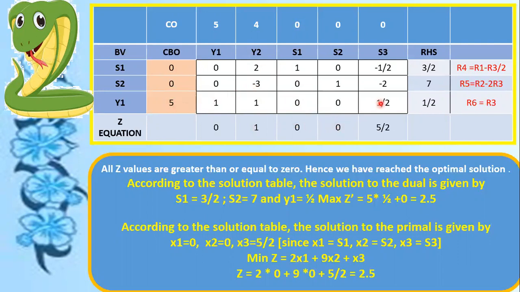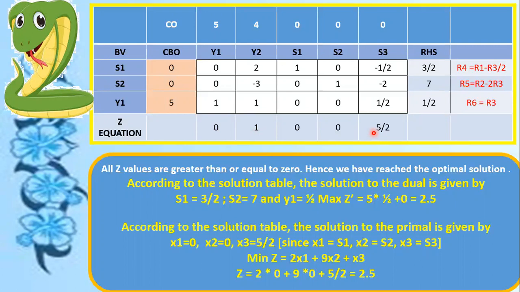Again it is 5 into half is 5 by 2 minus 0 is 5 by 2. If you see the Z equation row, all the values are positive, so greater than or equal to 0. None of them has a negative value. Hence we have reached the optimal solution.